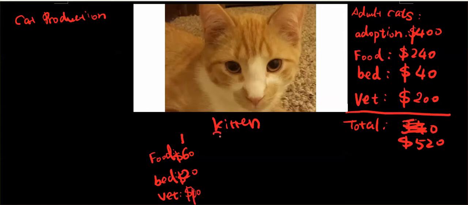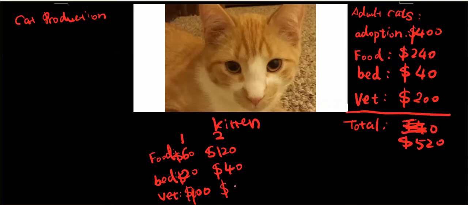How about if we have two kittens? We will have double the food, so that will cost us $120. And we need to have two beds since they don't want to share, so $40. And also they need to see the vet. But unfortunately, the more cats we have, the higher the probability the kittens will get the flu, so maybe we will spend more money to see the doctor.